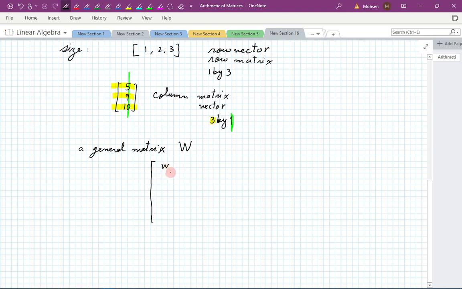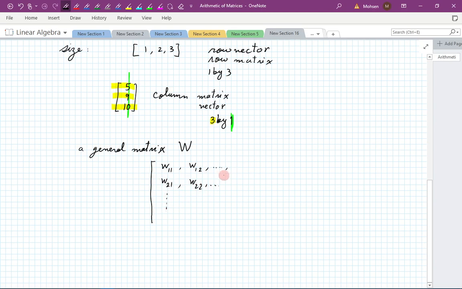So first entry, I might call it W11, W12, and so on I go. And the next row is W21, W22, and so on I go. And so on and so forth.